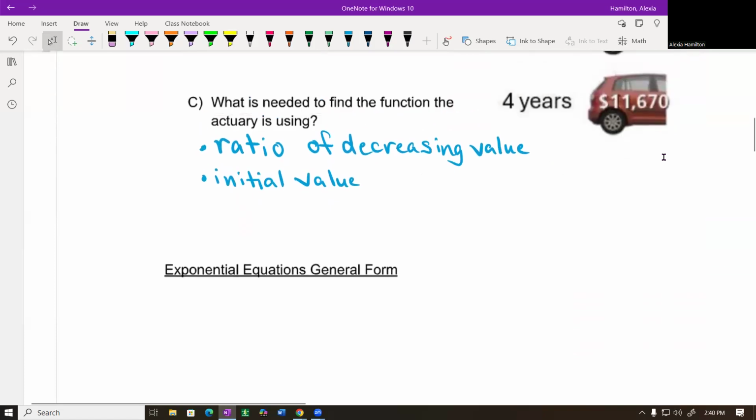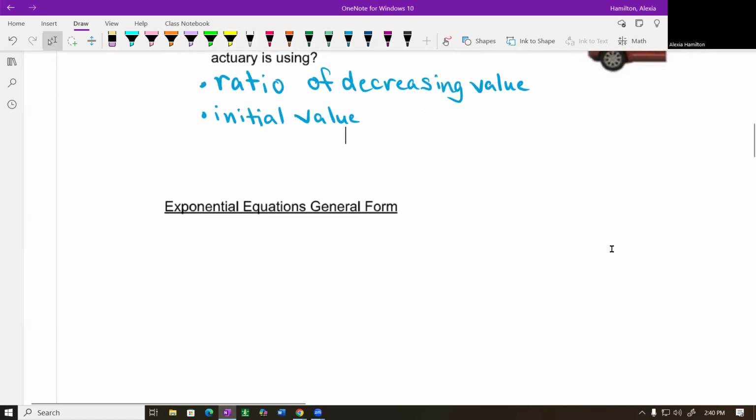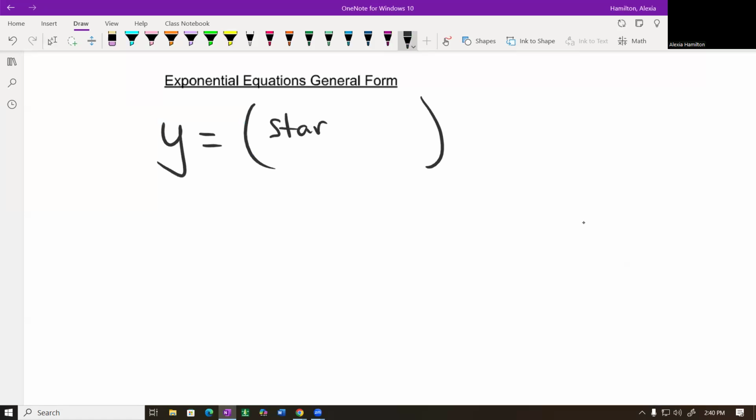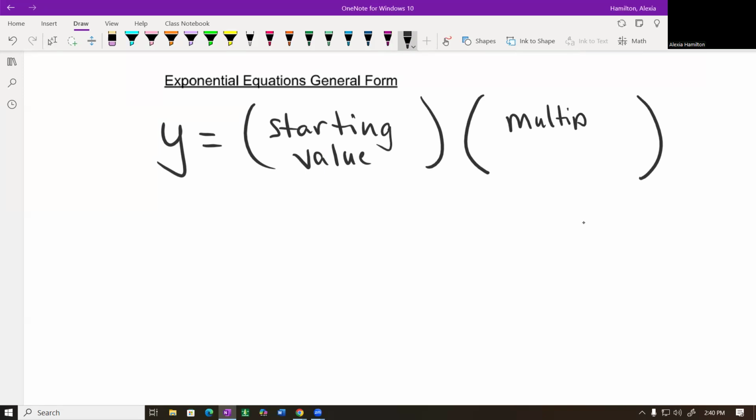Okay, so ultimately, exponential equations, very, very general form. It's an equation, I'm going to write it as y, is equal to some starting amount that is going to get multiplied by some sort of, we'll call this a multiplying pattern.